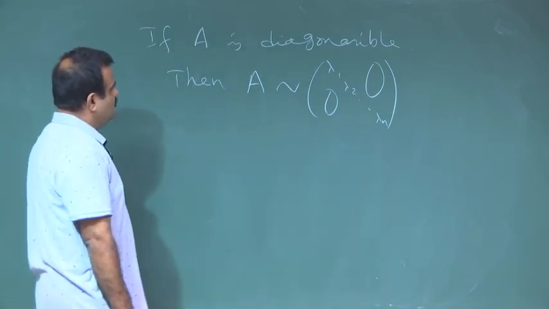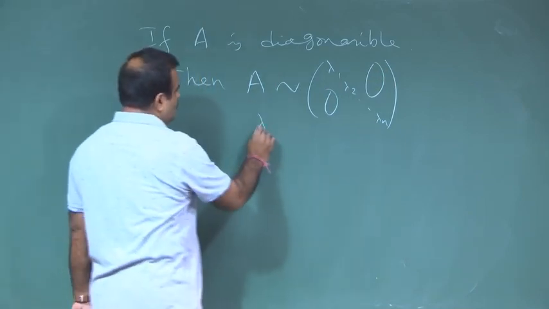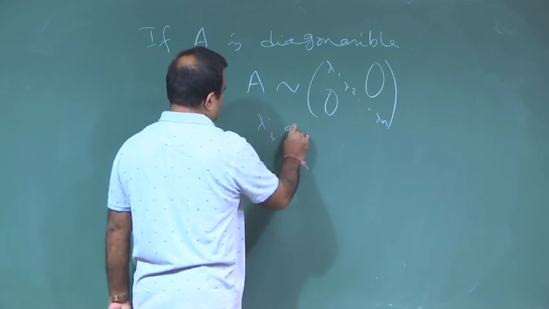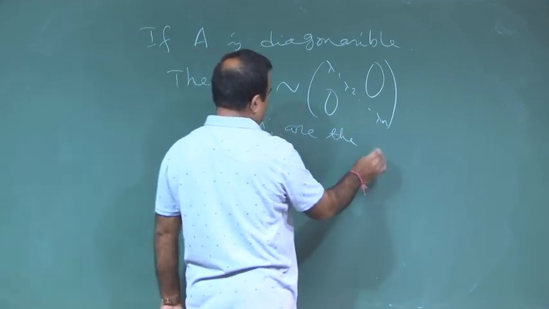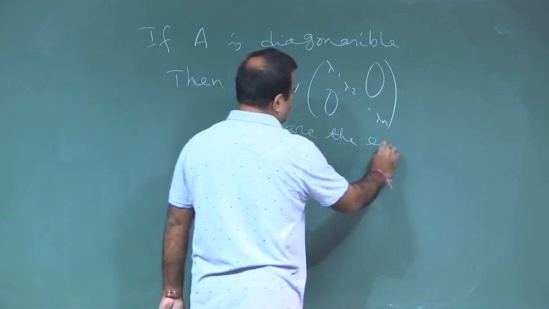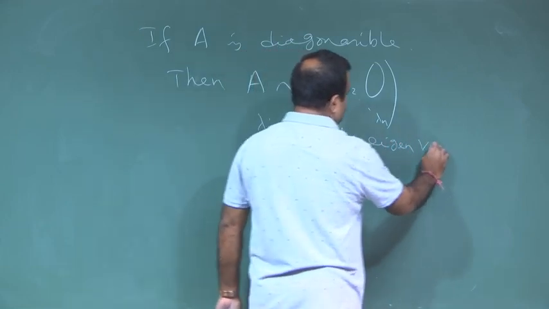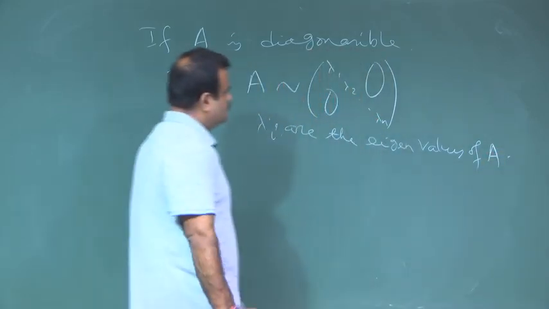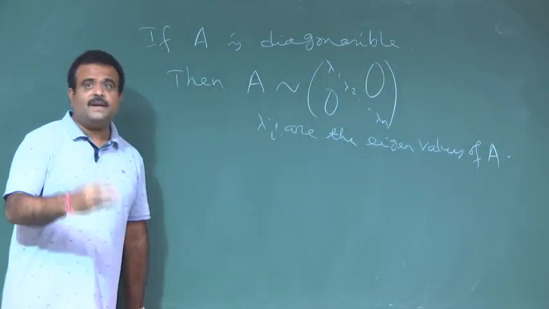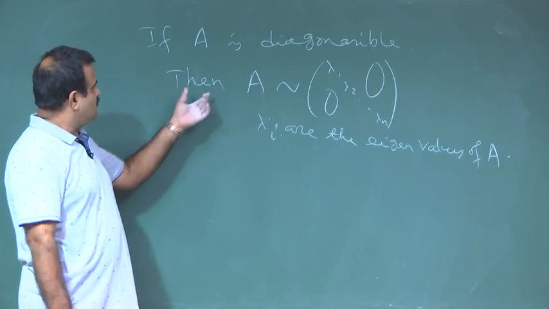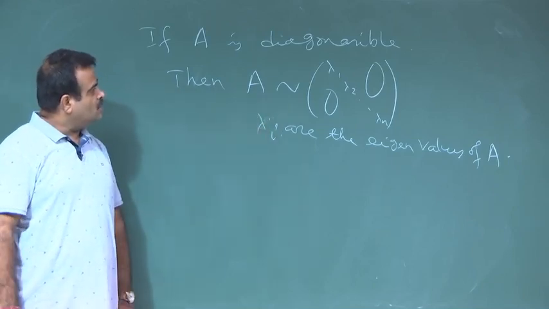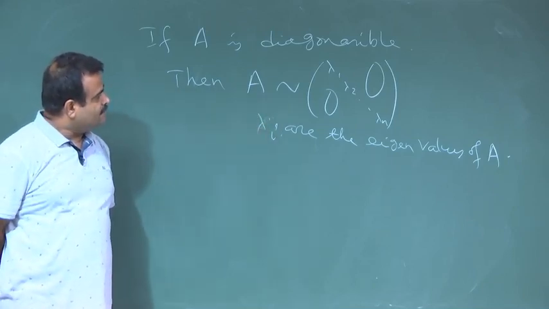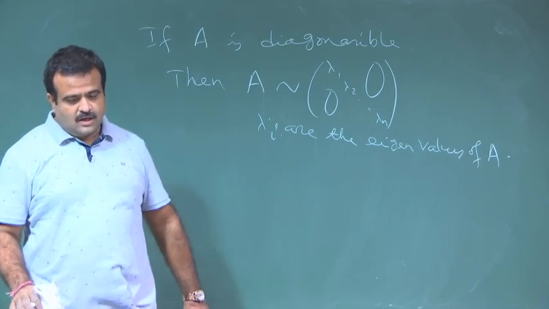This is the diagonal matrix, and these lambda i's are the eigenvalues of A. Provided A is diagonalizable, A will be similar to this.